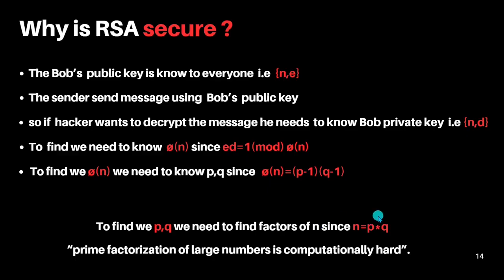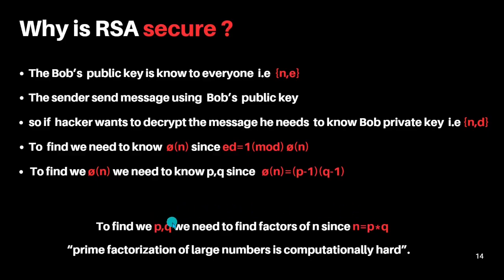But I already mentioned in the introduction slide that prime factorization of large numbers is computationally hard. So even though the hacker knows the value of n, he can't find the p and q values, because finding the prime factors of a large number is computationally hard.